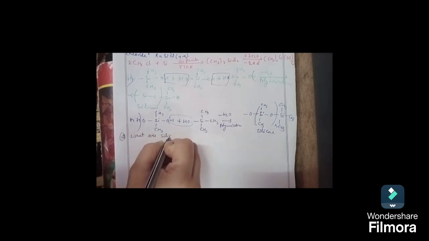Now we go for the question here. What are silicones? Simple silicones consist of Si-O chains in which alkyl or phenyl groups occupy the remaining bonding positions on each silicon. They are hydrophobic, which is water repellent in nature. So let's go for the same.